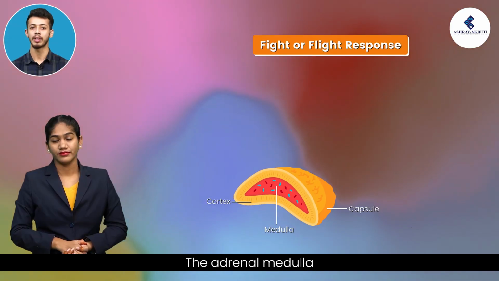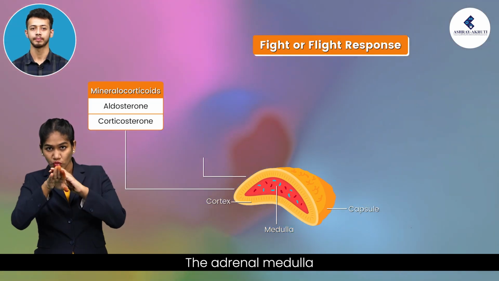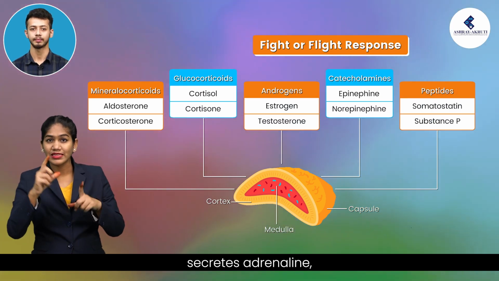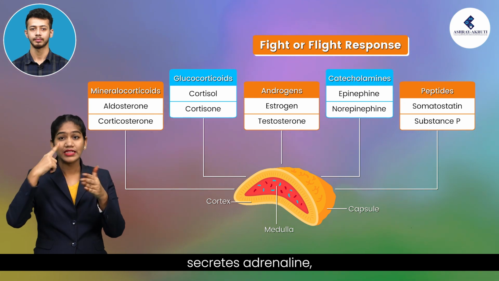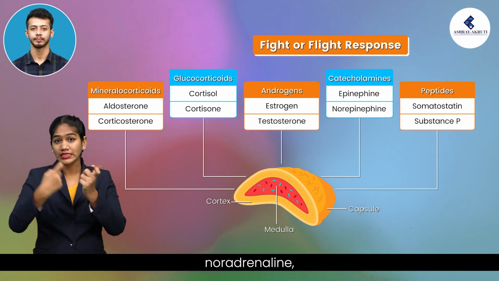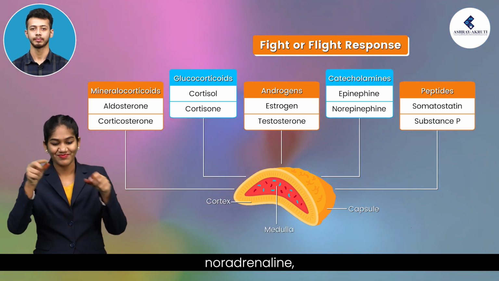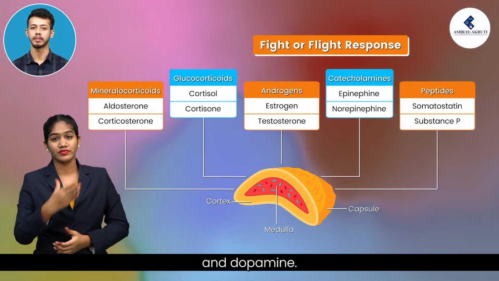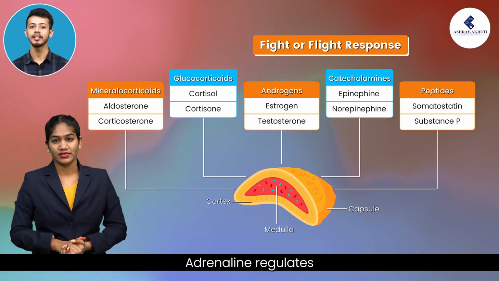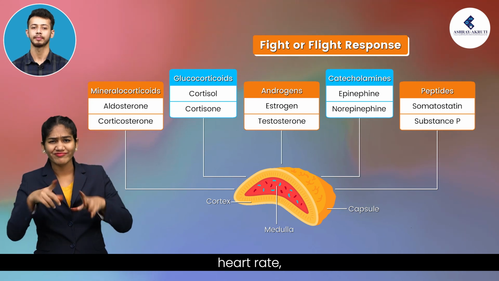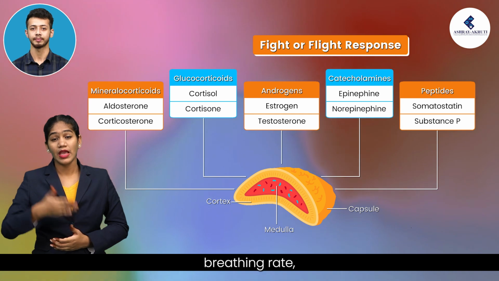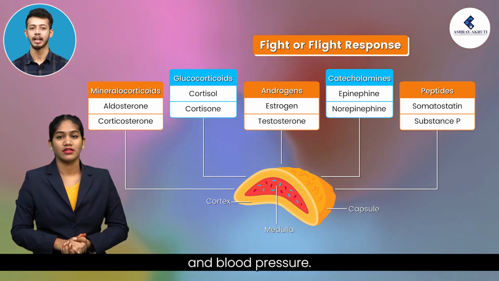The adrenal medulla secretes adrenaline, noradrenaline, and dopamine. Adrenaline regulates heart rate, breathing rate, and blood pressure.